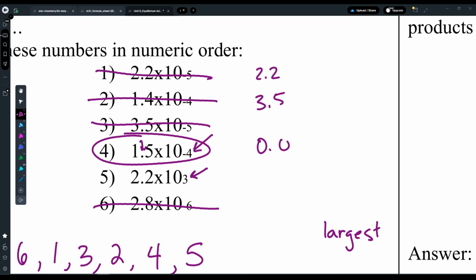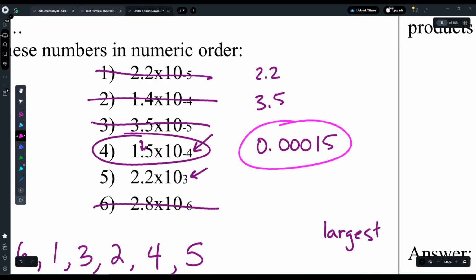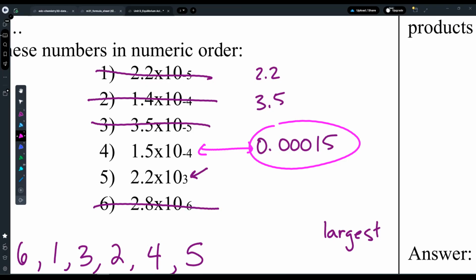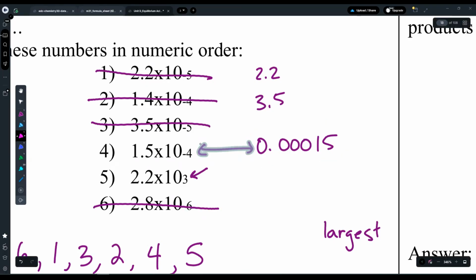So what that would look like is this. We moved our decimal 1, 2, 3, 4 spots over to the left in order to get this number here. Both of these numbers are the same, just one is in scientific notation, the other one is written as per normal.